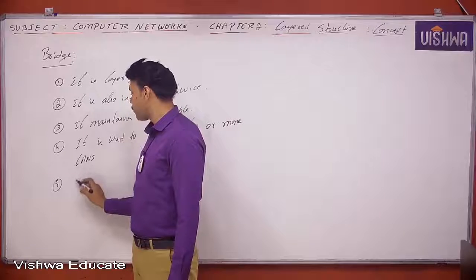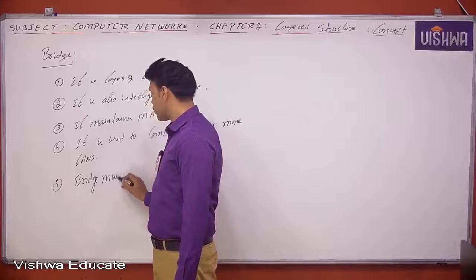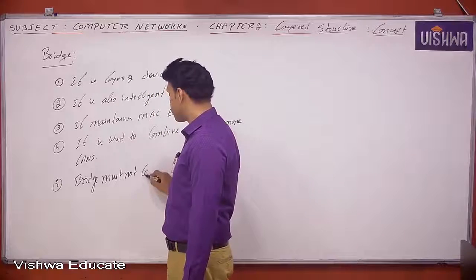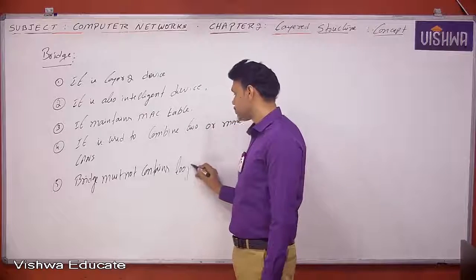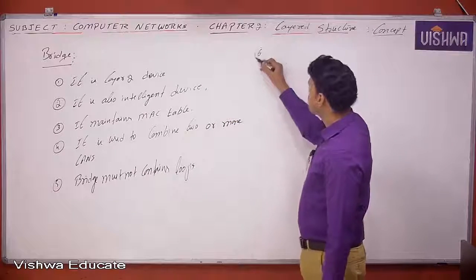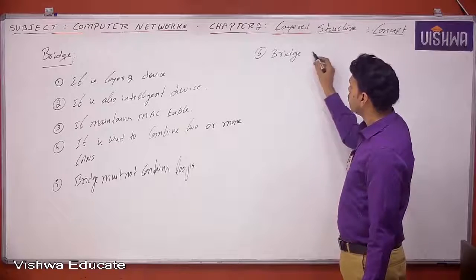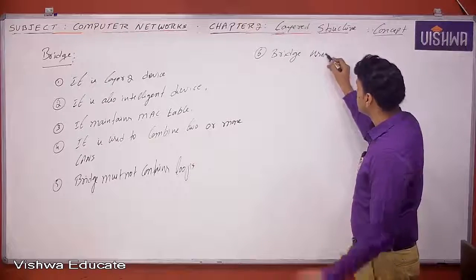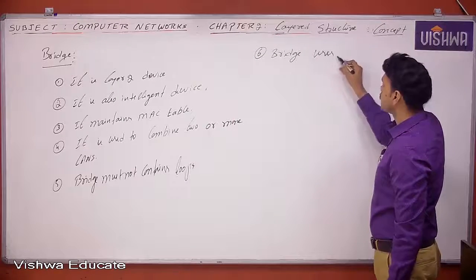Next point, a bridge must not contain loops. And the next point, a bridge uses spanning tree.